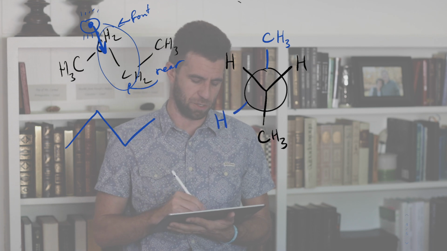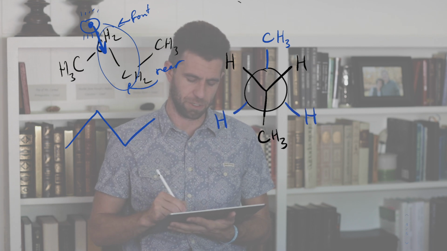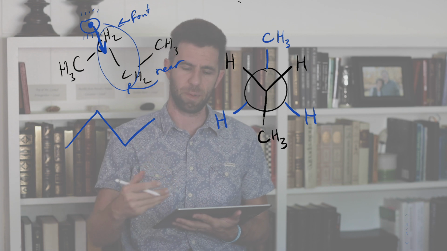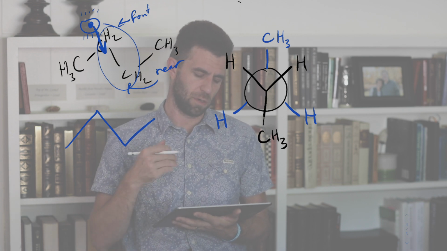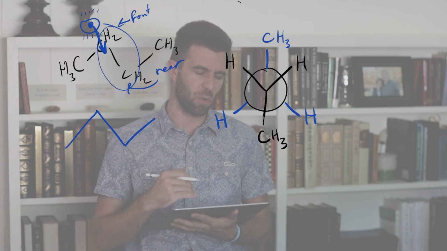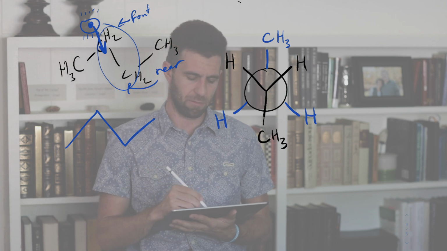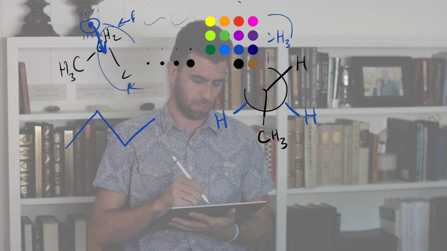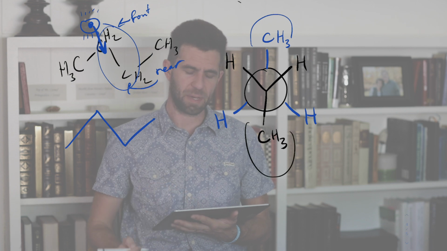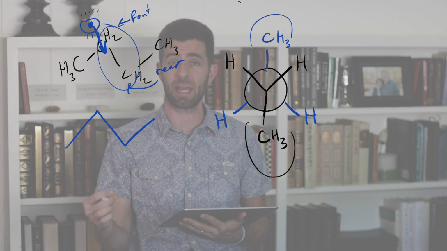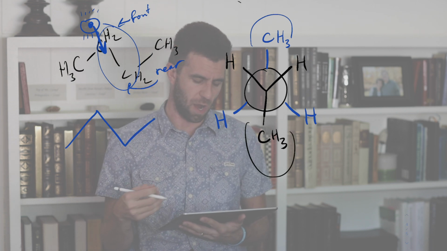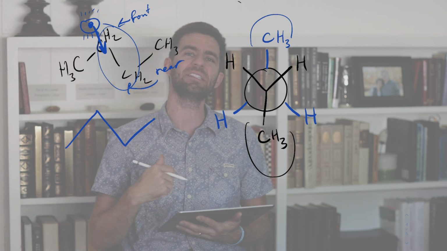And we'd have hydrogen and a hydrogen in that back carbon. So this is actually the lowest possible energy conformation of this structure. Because the largest things that are attached, those methyl groups, are actually completely anti to each other.